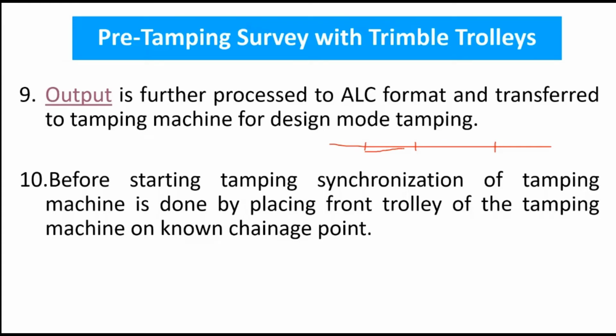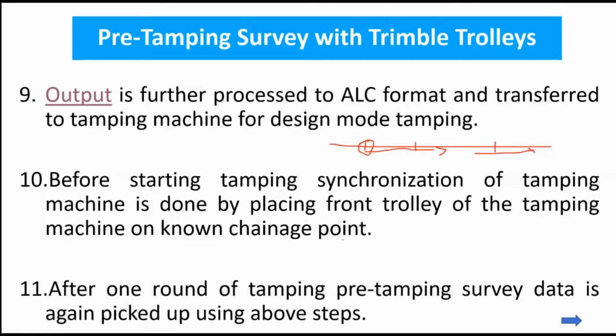So the tamping machine can start the tamping, say in this direction, and the synchronization is done at the starting. After one round of tamping, that pre-tamping survey has to be done again, so whatever residual lifts and slews are there can be picked up.